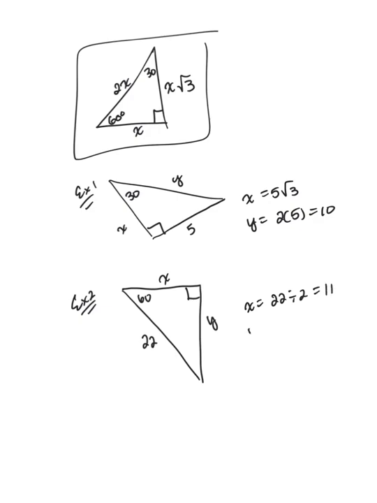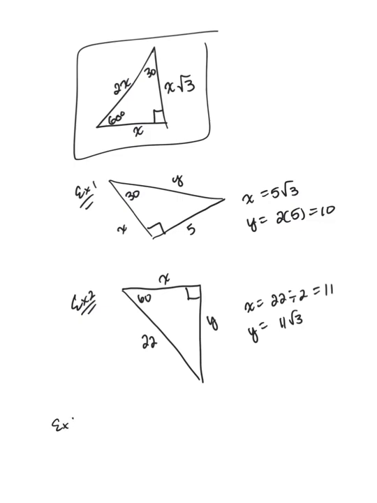To get the side across from 60, we would take the side across from 30 and multiply by rad 3. Okay, so if you didn't get the side across from 30 first, you might end up being confused. All right, let me just make that 11. Clean it up.